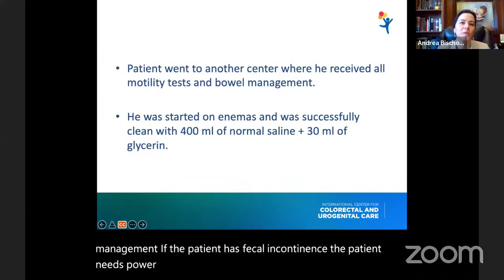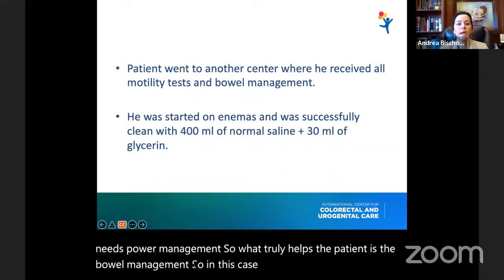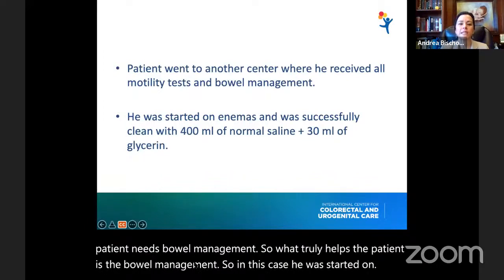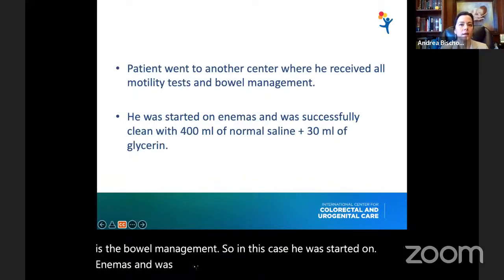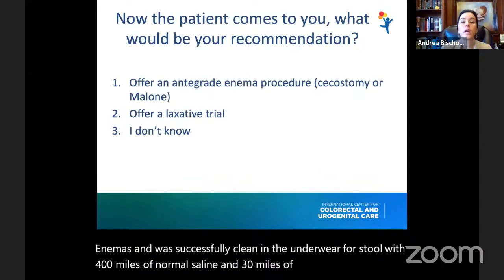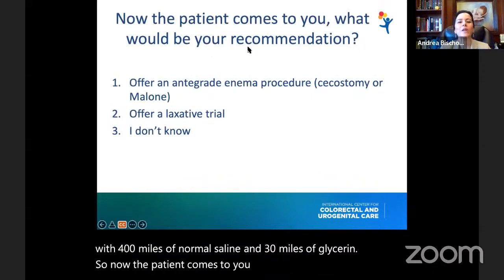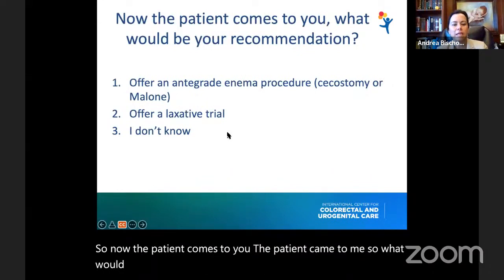So what truly helps the patient is the bowel management. In this case, he was started on enemas and was successfully clean in the underwear for stool with 400 mL of normal saline and 30 mL of glycerin. So now the patient comes to you, the patient came to me. What would be your recommendation?